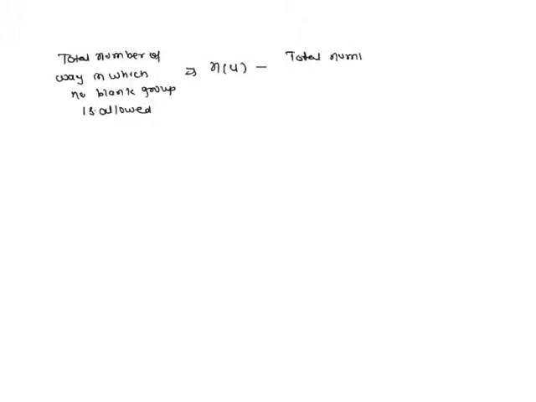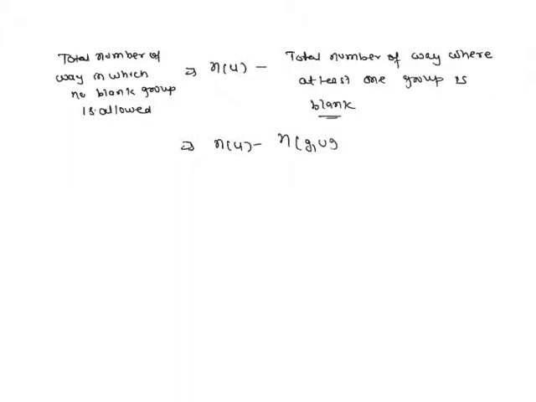Now the total number of ways in which no blank group is allowed is n(U) minus the total number of ways where at least one group is blank. So n(U) minus n(G1 ∪ G2 ∪ ... ∪ Gr).